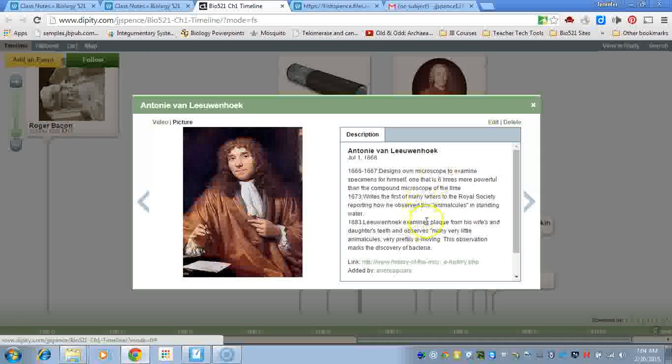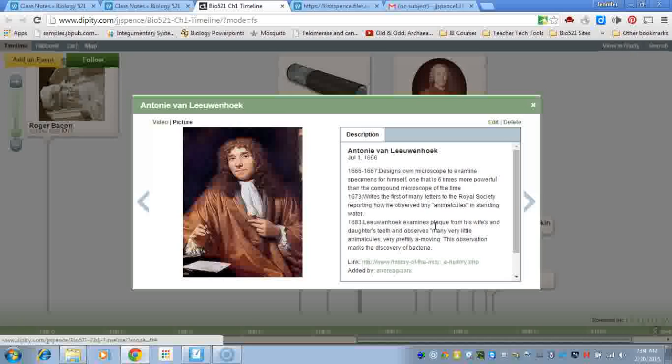In 1673, he described the things he saw in a drop of water as animalcules because they had properties like animals. They could move around, and it freaked a lot of people out at the time, to be honest.